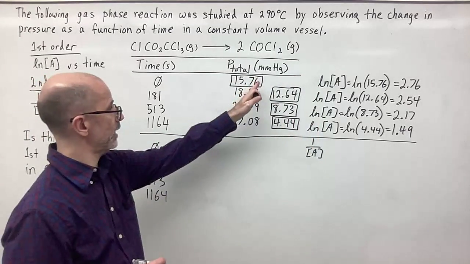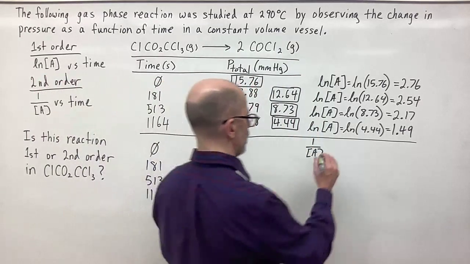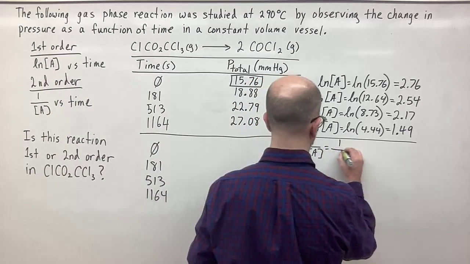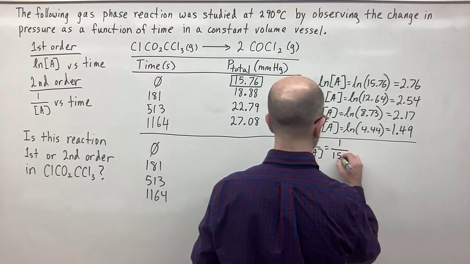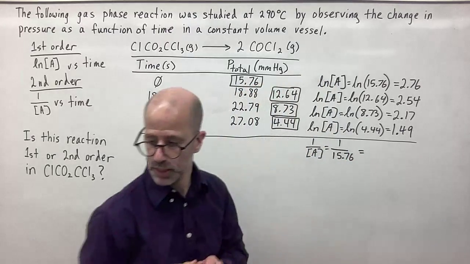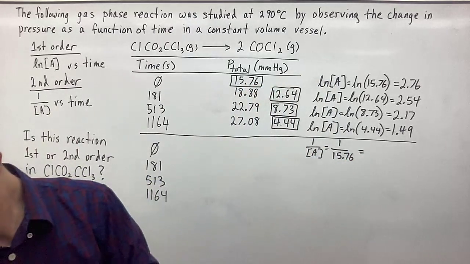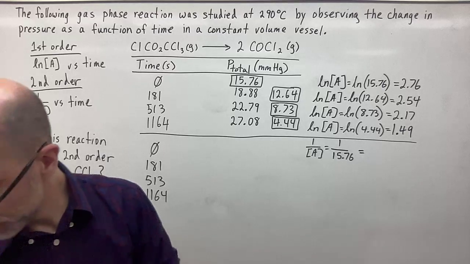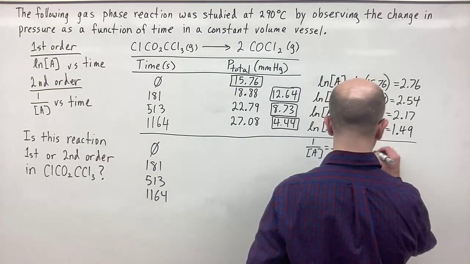So we're going to take this and do 1 over A. So that's going to be equal to 1 over 15.76, and that's going to be equal to 0.0635.